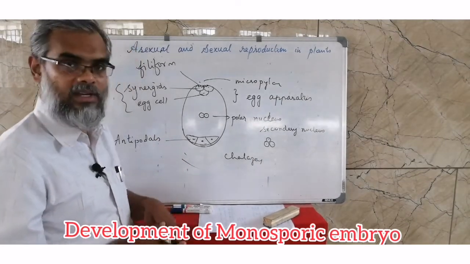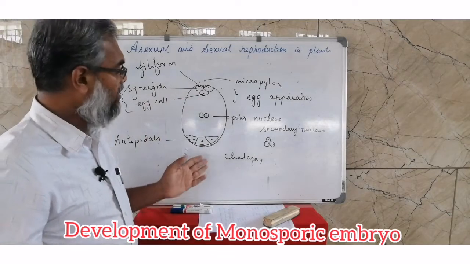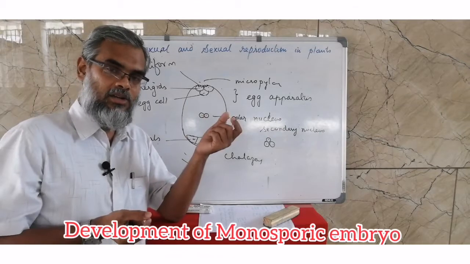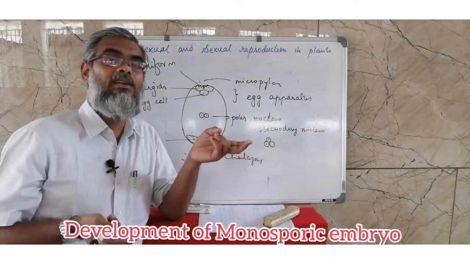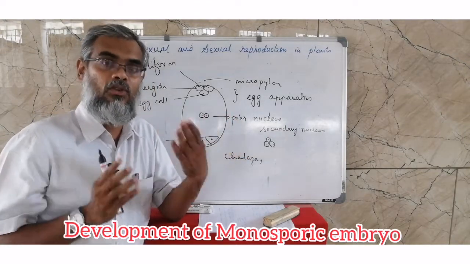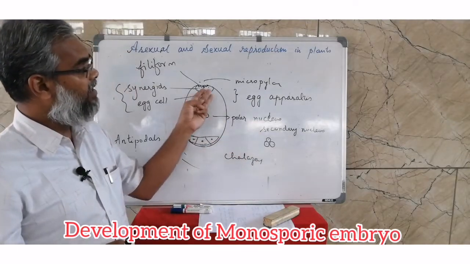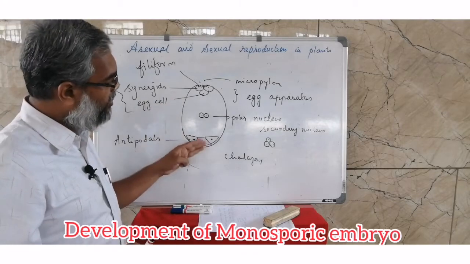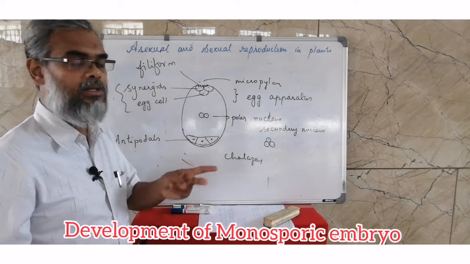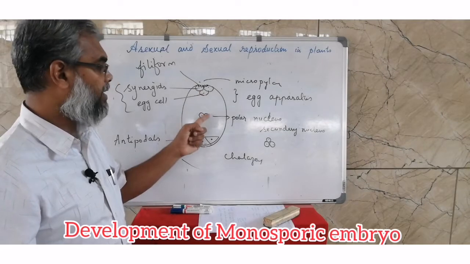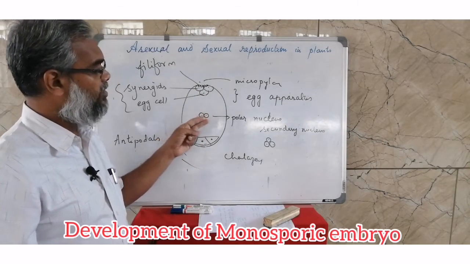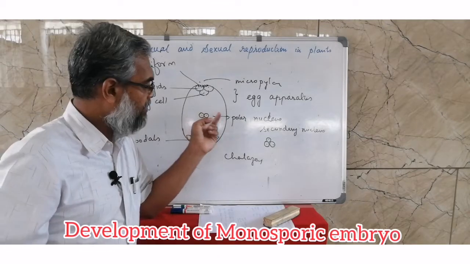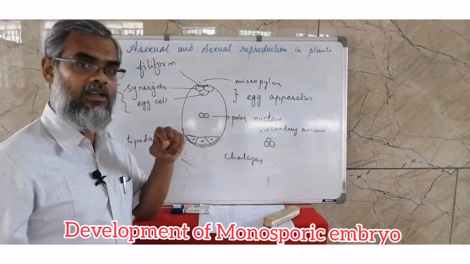My dear students, let me recall once again. In the embryo sac, the cell divides mitotically and 2 cells are formed. They undergo mitotic division again, so 4 cells are formed. Among them 3 are the egg apparatus, comprising 2 synergids and 1 egg cell, and 3 are antipodals. The remaining 2 cells, one from the micropylar end and one from the chalazal end, are called polar nuclei, which are present at the center and sometimes fuse to form the secondary nucleus.